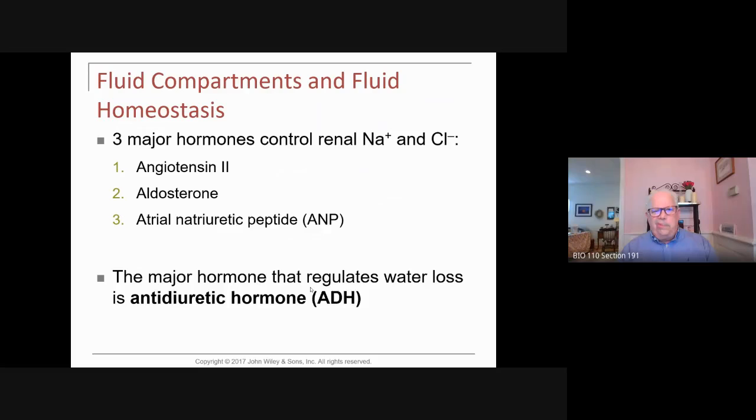ADH is produced by the hypothalamus. It is stored in the posterior pituitary. It regulates water loss. So angiotensin II, aldosterone, and ANP regulate salt, sodium, and chloride, and ADH, the fourth A hormone, regulates water loss. Okay?